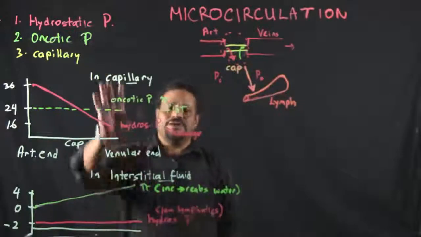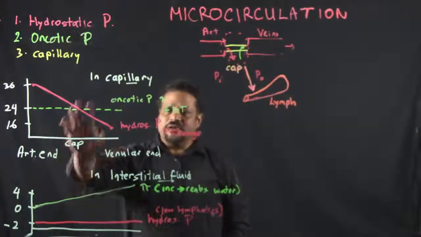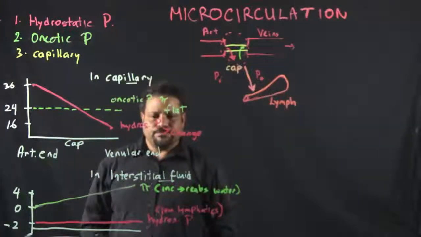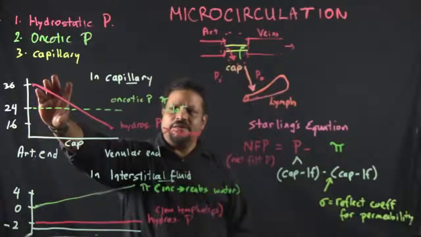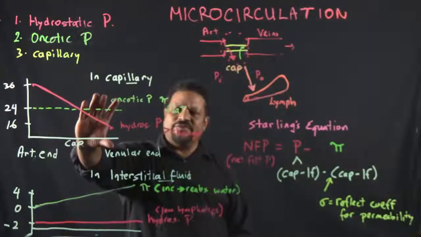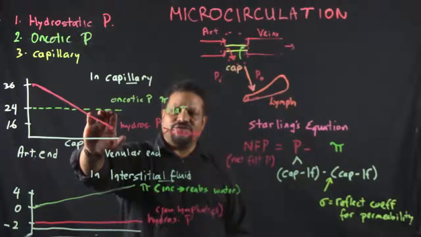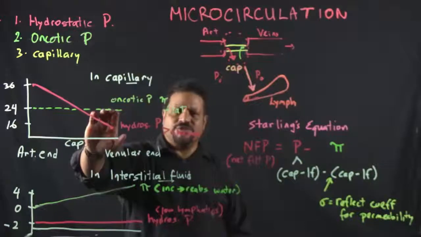So we have what happens in the capillary, and what happens in the interstitial fluid with the oncotic and hydrostatic pressure. On this graph, you can see predominantly that there's filtration. The hydrostatic pressure is greater than oncotic, and towards the venular end, the hydrostatic pressure is decreased and the oncotic pressure is higher, so you're going to have a reabsorption of fluid.